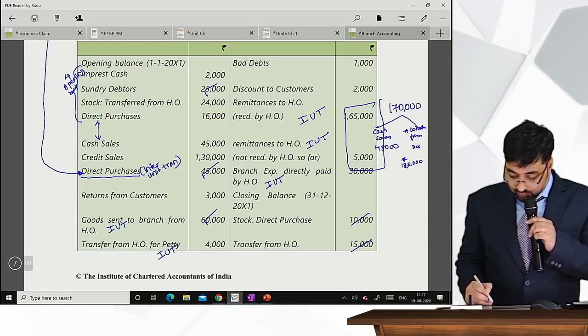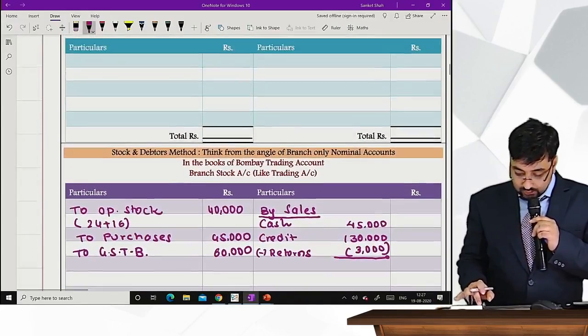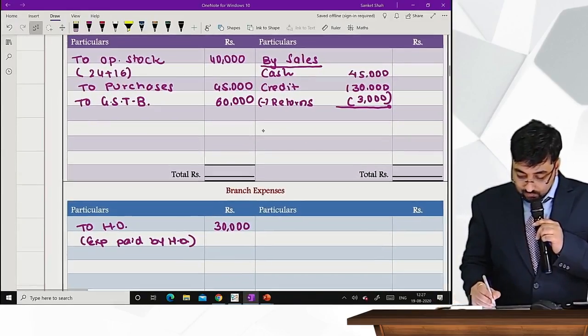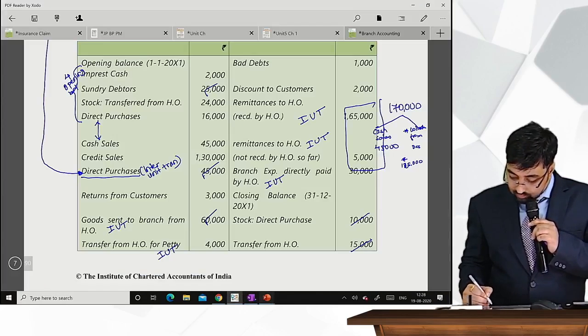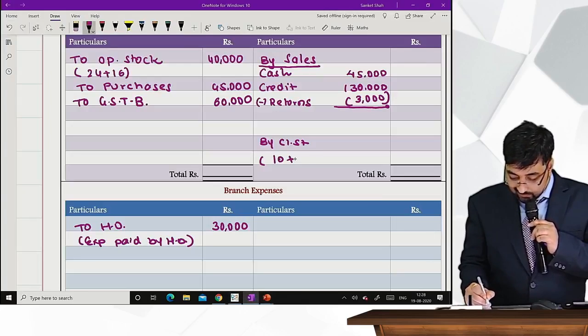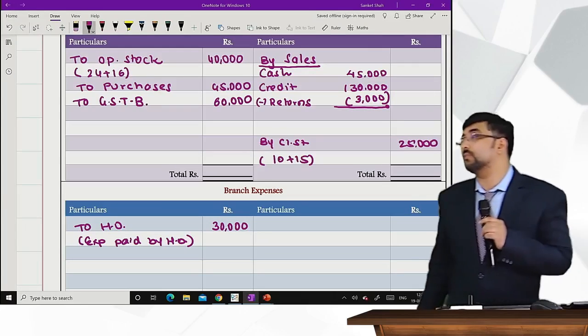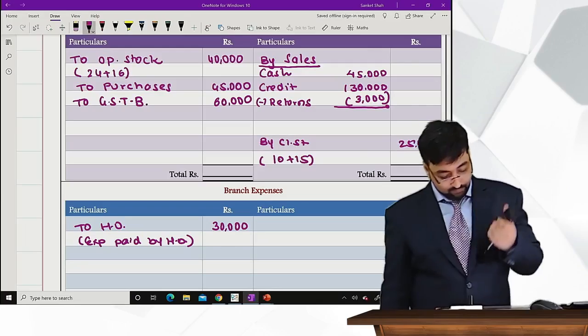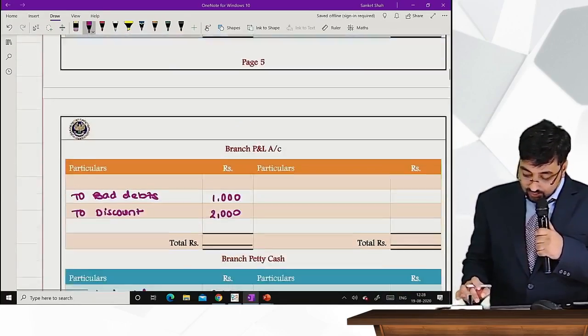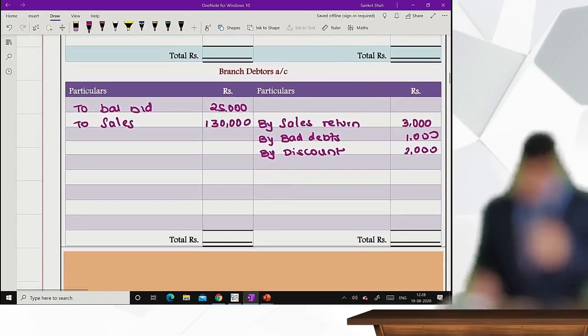Now you have closing stock. So by closing stock, you can take directly the total of these two, 10 plus 15. So this is 25,000. Okay. And what about debtors closing balance?